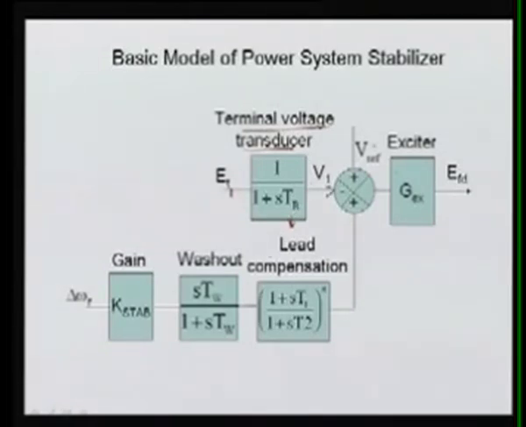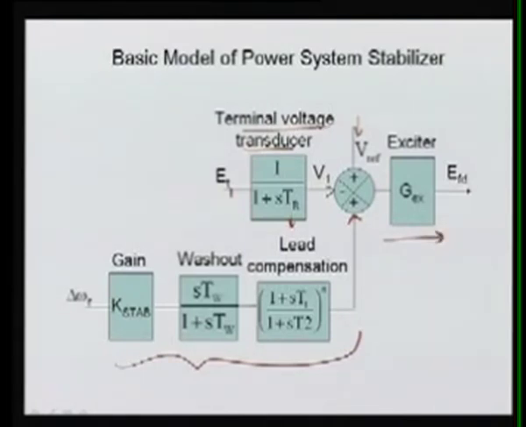Now this V reference is the voltage reference setting of the terminal voltage of the generator. Here is your power system stabilizer signal that is coming in. So these two signals are compared with the measurement signal of the actual terminal voltage, and then it is given to your excitation system.